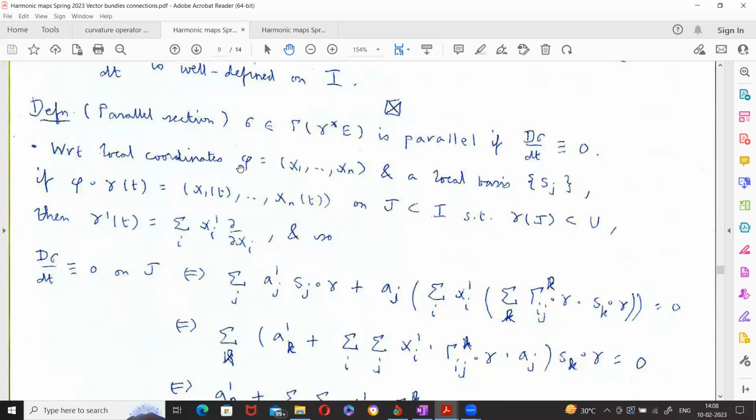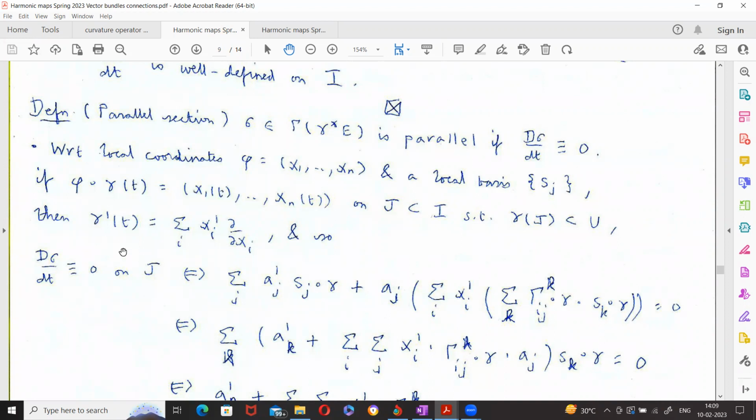If I take local coordinates x1 to xn on my manifold and a local basis of sections Sj for the vector bundle, then in these coordinates, if I look at phi composed with gamma, this becomes a curve in Rn with coordinates x1(t) up to xn(t). Then gamma prime t becomes the sum over i of xi prime del del xi.